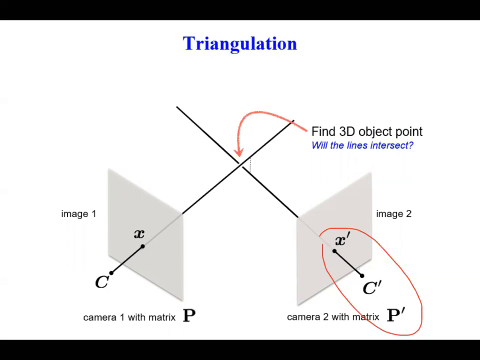Then I should get the intersection, but the question is, will these lines intersect? I guarantee that I have this and I have this. Should they always intersect? Hopefully, yes, in order to get that particular point ideally.